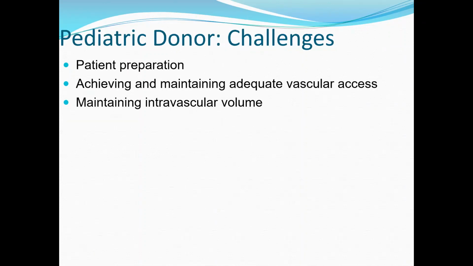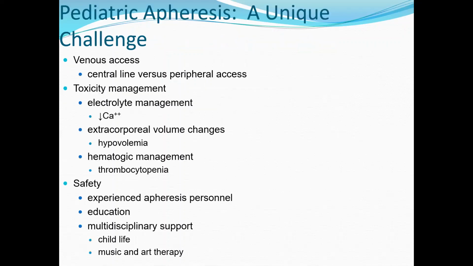Pediatric donor challenges, patient preparation: we'll see achievement and maintenance of adequate vascular access, how to assess the venous catheter, and maintain intravascular volume. Pediatric unique challenges: venous access, central line or peripheral access, toxicity management, electrolyte management, especially calcium, and intracorporeal volume changes, where they will have hypovolemia.